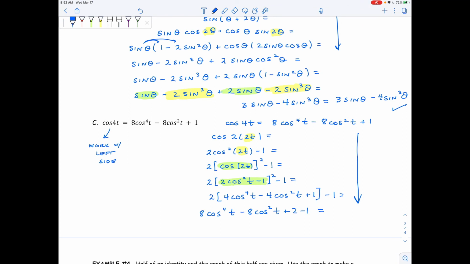And so now I will just clean up the left side. 8 cosine to the 4th t minus 8 cosine squared t plus 1 equals the same thing on the other side. And there's our complete proof for that.